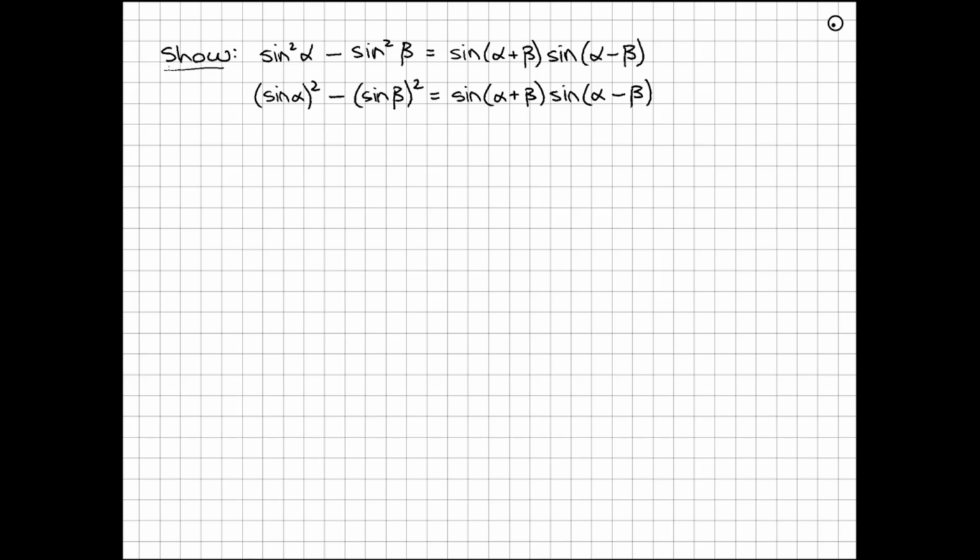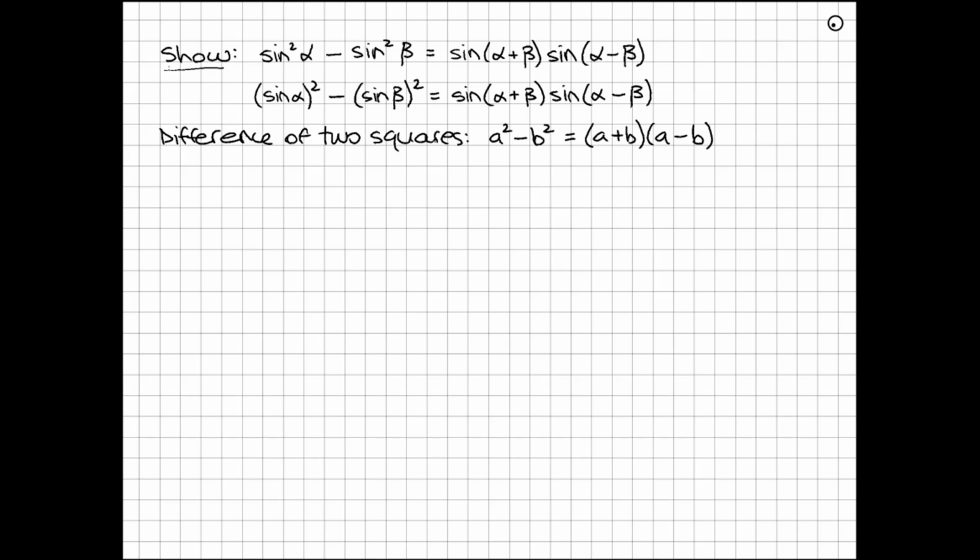The rule for the difference of two squares that you would have learned earlier in your math journey, you'll often see as a squared minus b squared. So if we take two values, a and b, and we square each of them and take the difference, that is the same as a plus b times a minus b.